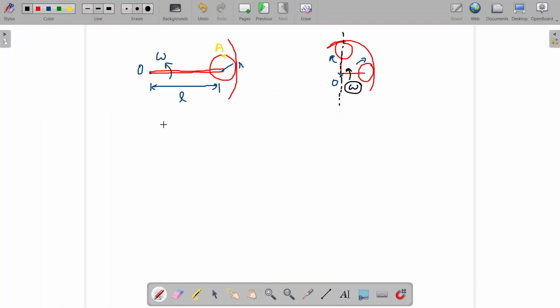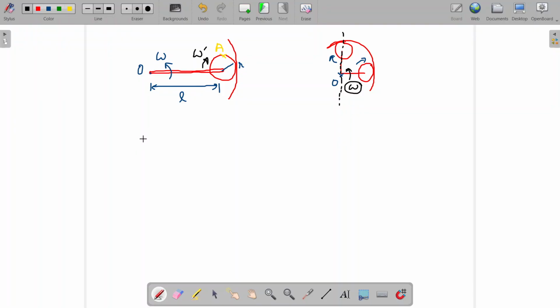So let us begin. First of all, we will begin by writing the velocity of point A. First, we have to decide how the disk is moving. The disk is moving in the opposite sense to the rod.